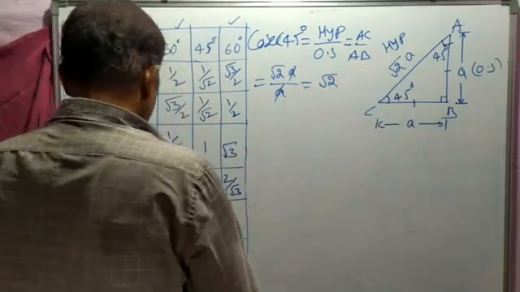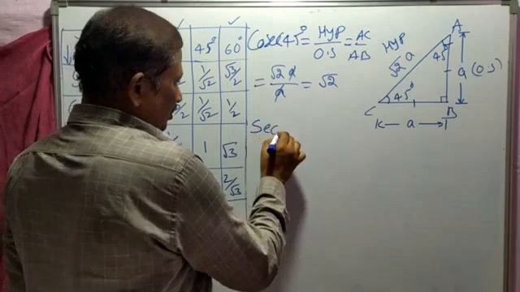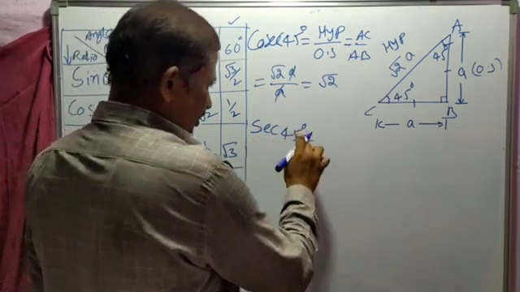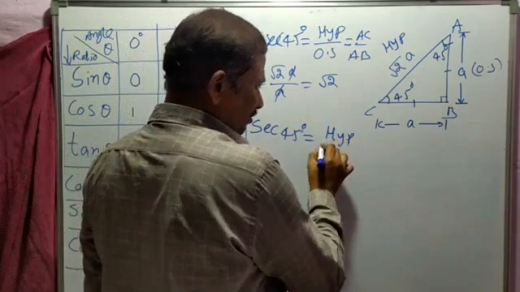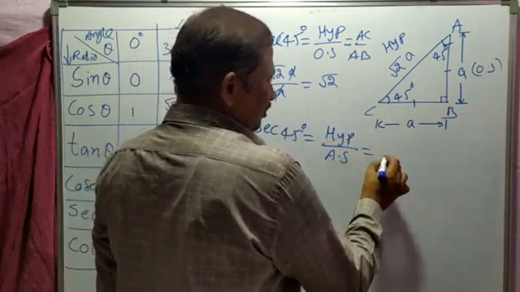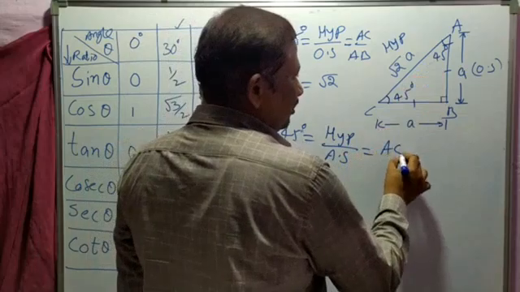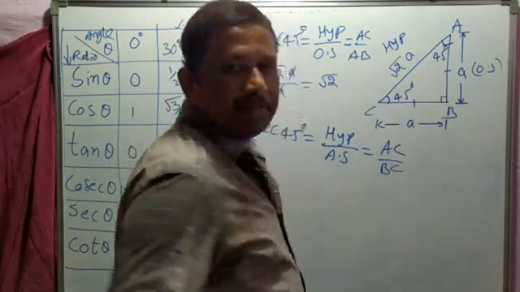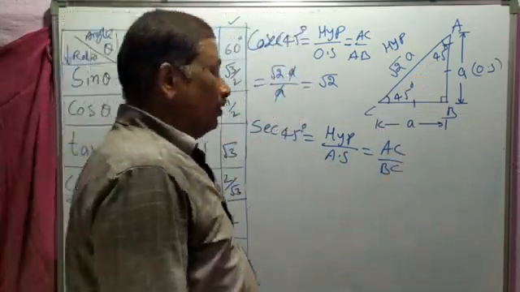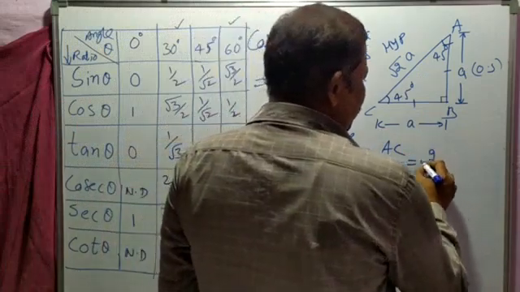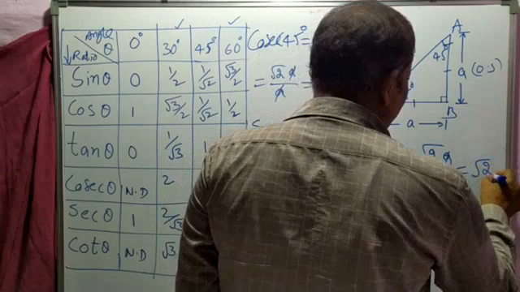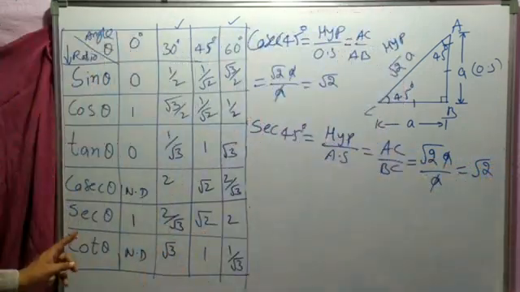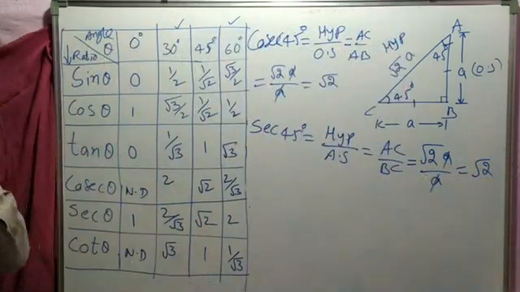Next, secant 45 degrees. Reciprocal of cos. Hypotenuse by adjacent side. Hypotenuse is AC, adjacent side BC. So the hypotenuse value is root 2 A, BC is A. A gets cancelled, again we get root 2. So secant 45 is also root 2.